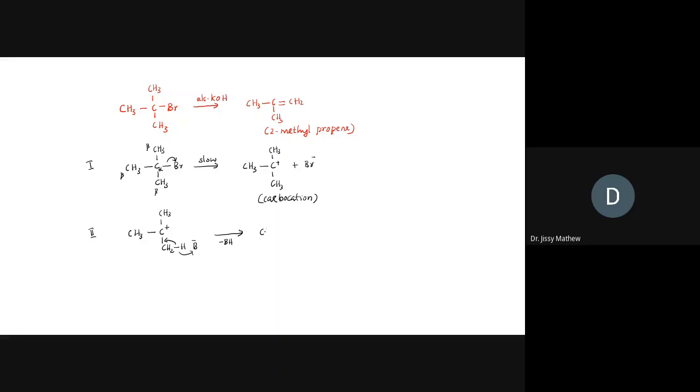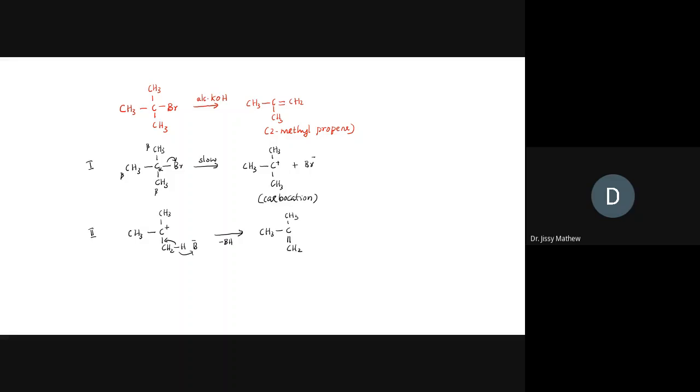We get, so here that becomes a double bond. So that is the product. That is 2-methyl propene. That is the final product. So the E1 mechanism is a 2-step process. The first step involves the slow ionization of the alkyl halide to form a carbocation. In the second step, the base abstracts one of the beta hydrogens to form the product.